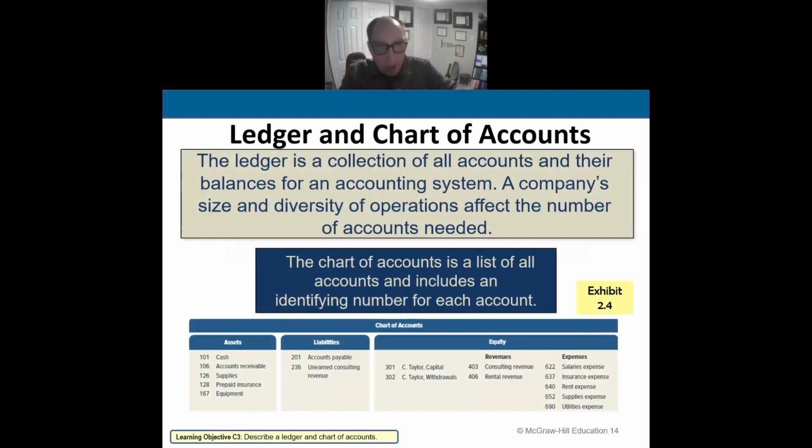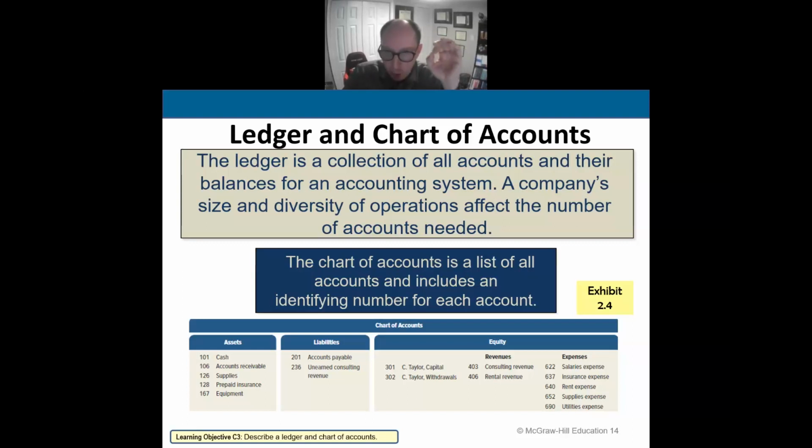So earlier I mentioned this thing called the chart of accounts. The chart of accounts is a list of all the different types of accounts that the business uses. We can see the chart of accounts below, and it's categorized by the different types of accounts: assets, liabilities, and equity. The chart of accounts is organized by what we call liquidity.